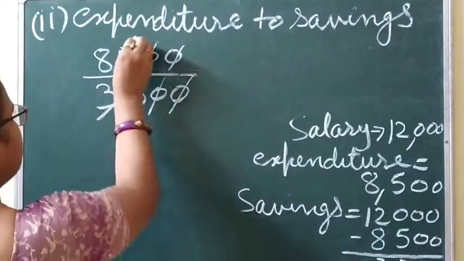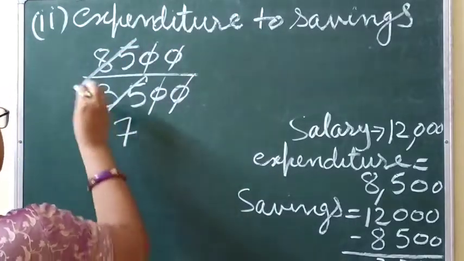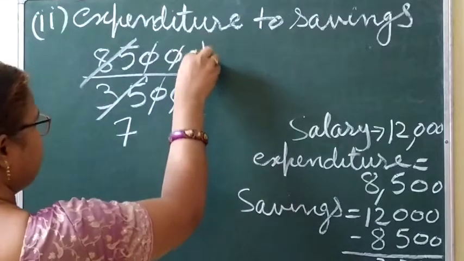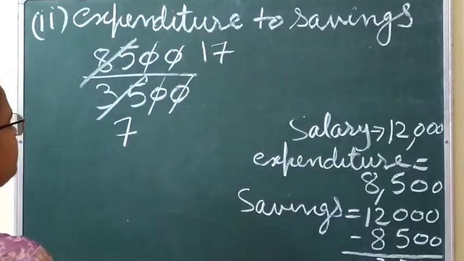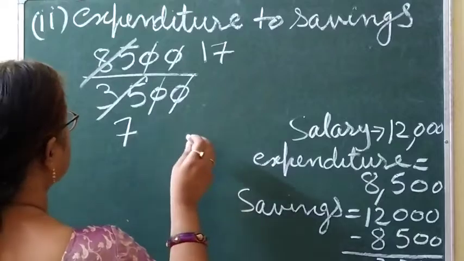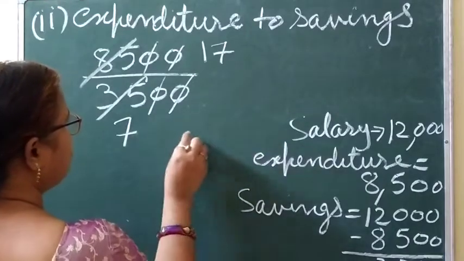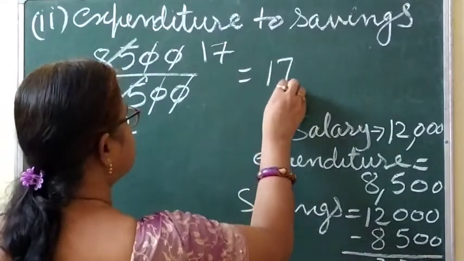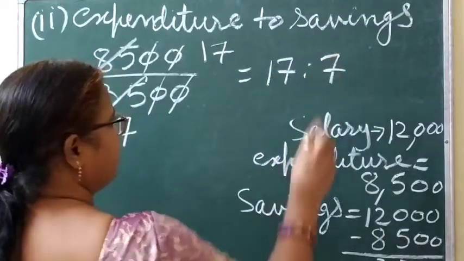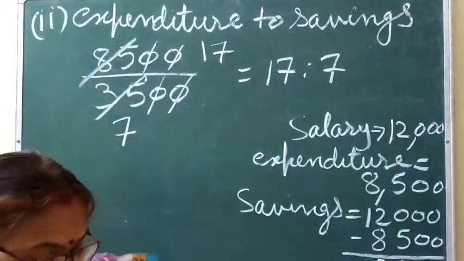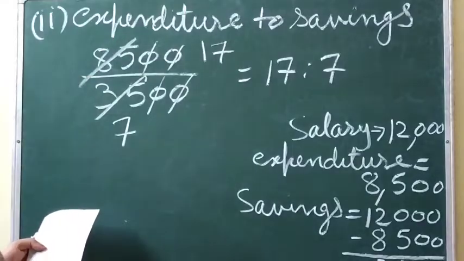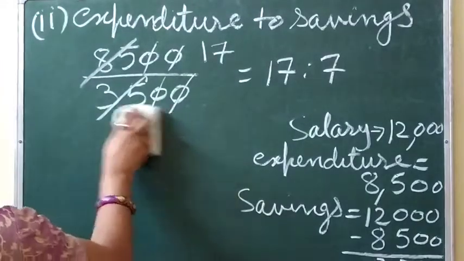Now 5 sevens are 35. 5 ones are 5. Then 5 sevens are 35. Clear? So the answer will be 17:7.